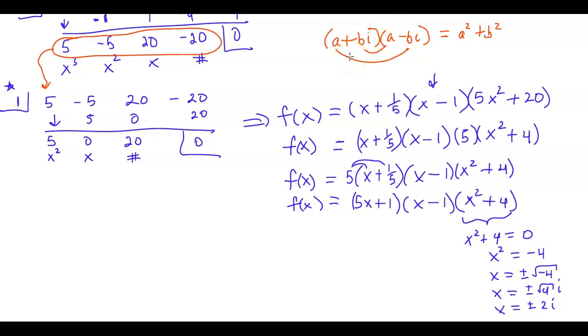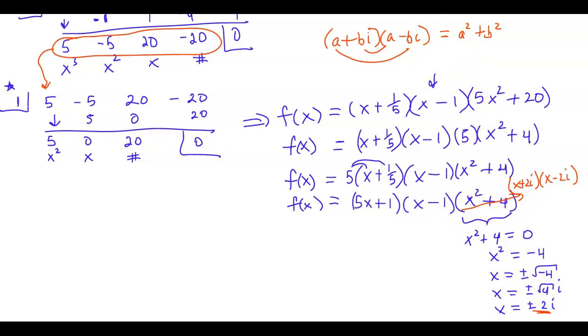Those two terms cancel themselves out to 0. And so what you see here is basically x plus 2i times x minus 2i, according to what we see here, as well as that fact there.